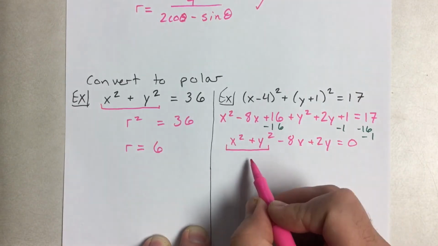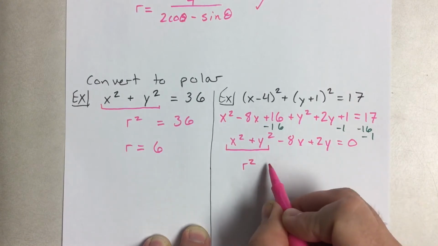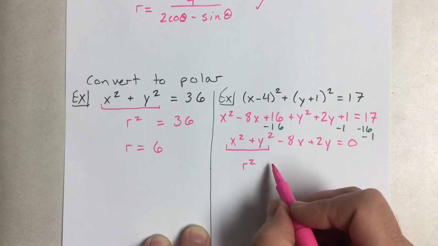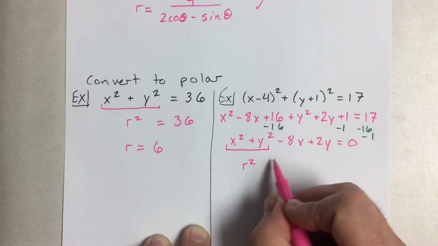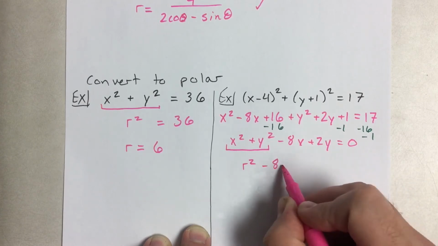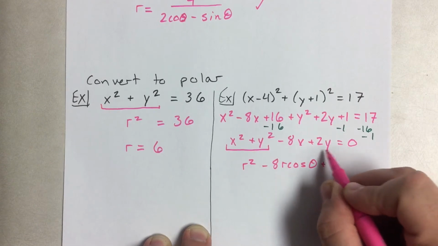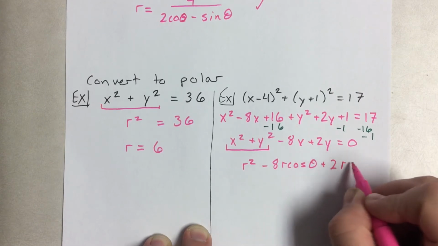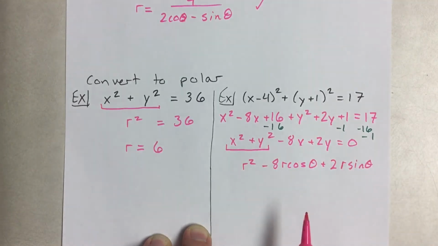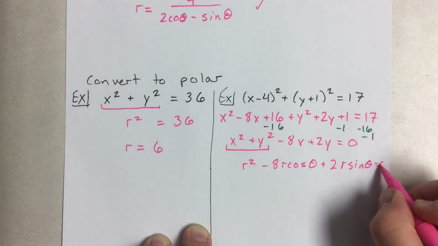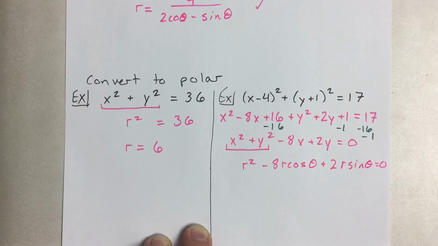X squared plus y squared, we get r squared. And then we have minus 8 r cosine theta plus 2y, that's 2r sine theta, equals 0. Perfect, fine, that's okay.